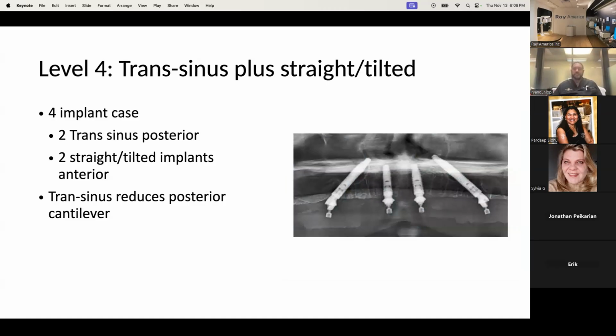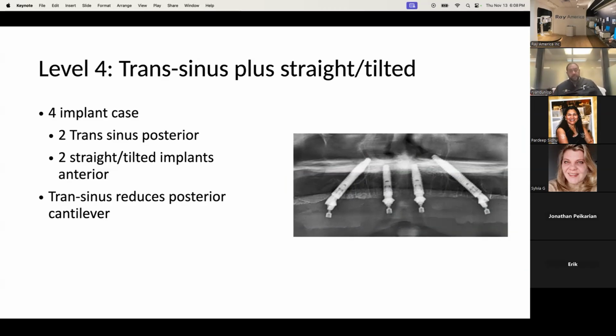The next level up in terms of complexity is our transinus implants. I mentioned that these are very tricky implants because you have 2 insertion points to worry about. You've got your first insertion point at the alveolar ridge, then your secondary insertion point on the lateral wall of the sinus. So it can be very disorienting and very difficult to find the path of insertion for the entire length of your implant.